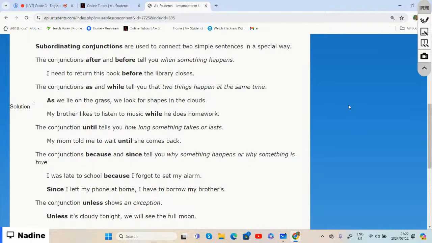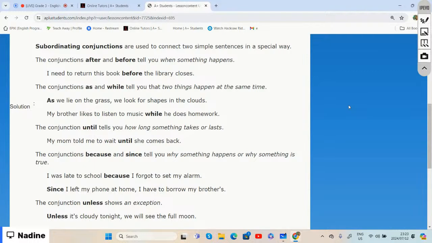And then we have our conjunctions as and while. If we look at the words as and while, they tell us two things happen at the same time.